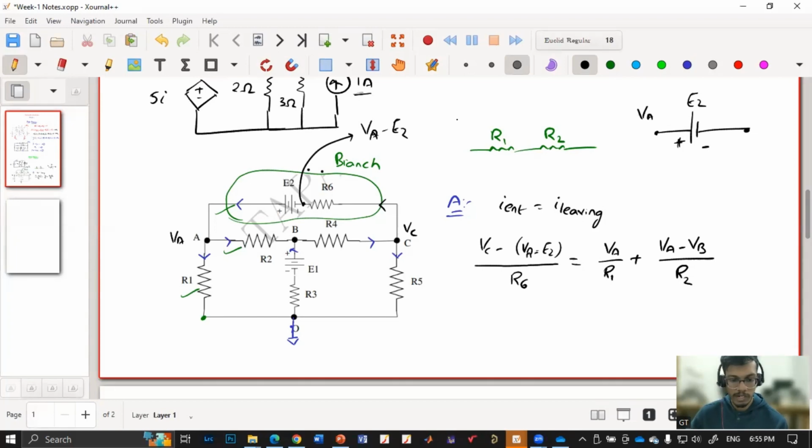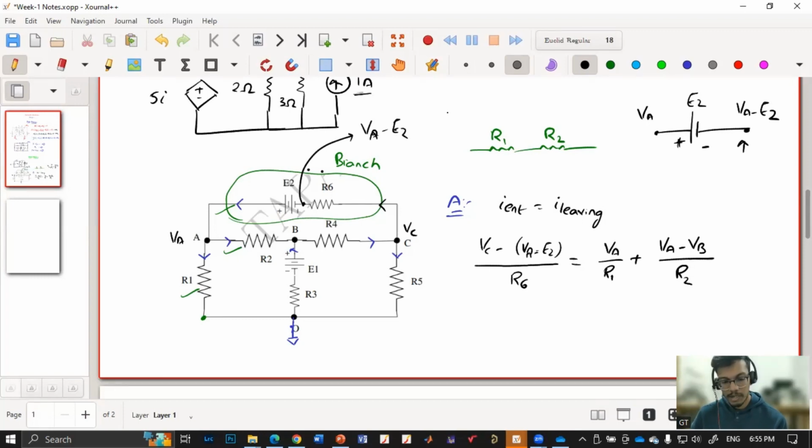And how much will be the difference? The difference is E2. So this terminal will be at a lower potential, lower by a value of E2. So this terminal is VA minus E2. That is my other terminal of the resistor. So now the potential difference across that resistor is VC minus (VA minus E2).